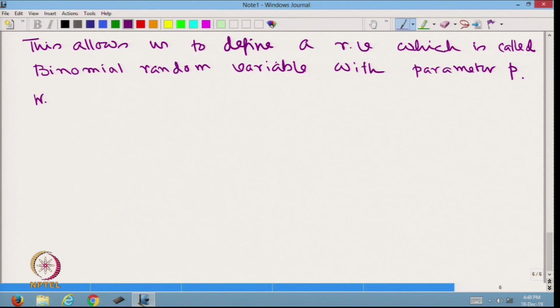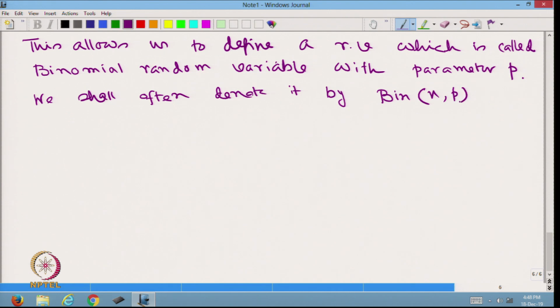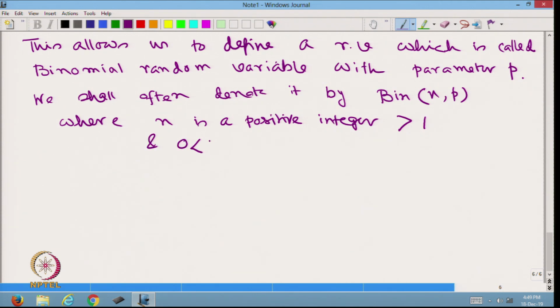We shall often denote it by binomial(n, p), where n is a positive integer greater than 1 and 0 less than p less than 1.